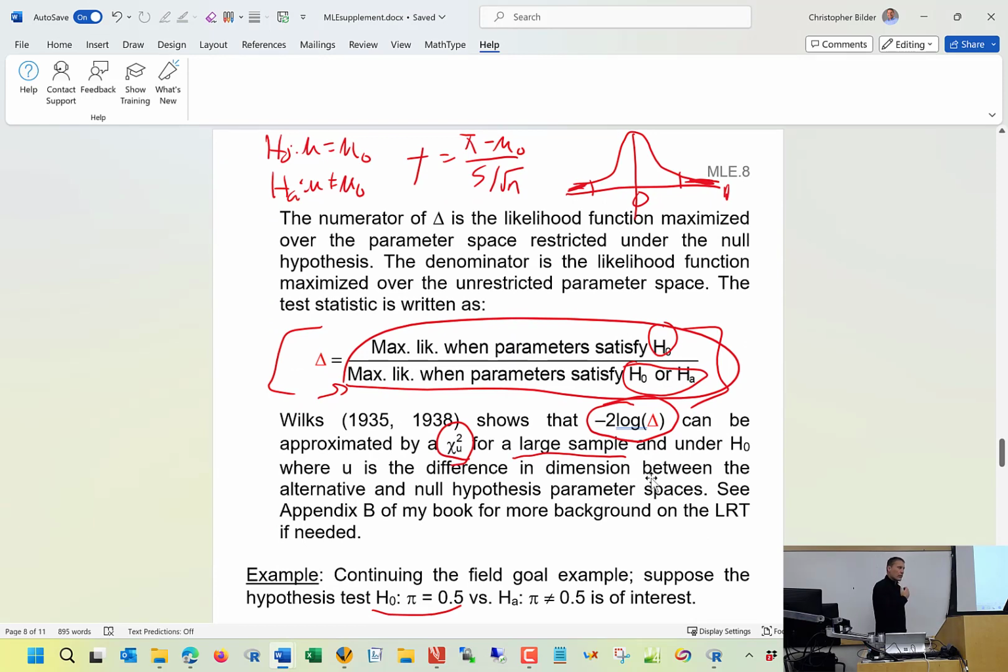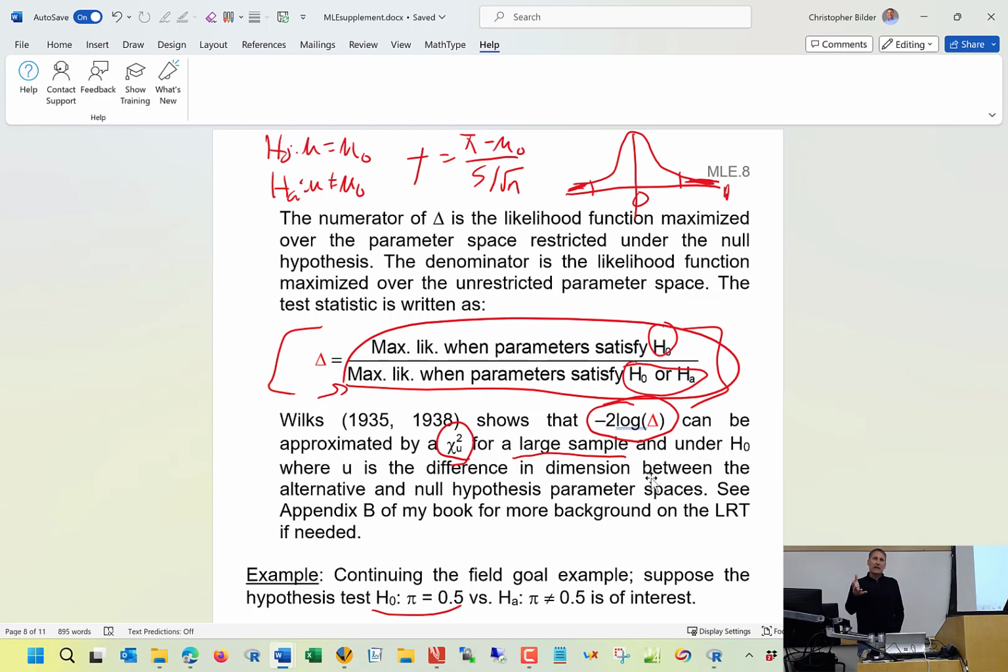Now let's look at it from the alternative point of view. Let's say this ratio is close to 0. What does that say about the null hypothesis? It's likely false. Again, think about what a likelihood function measures. It measures how plausible your parameter values are.